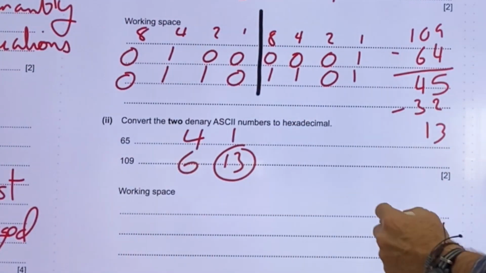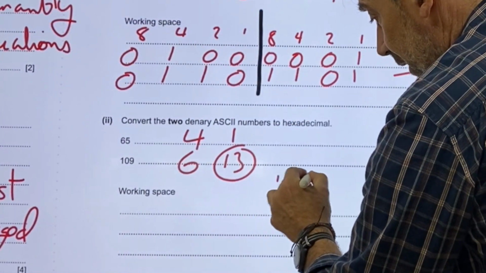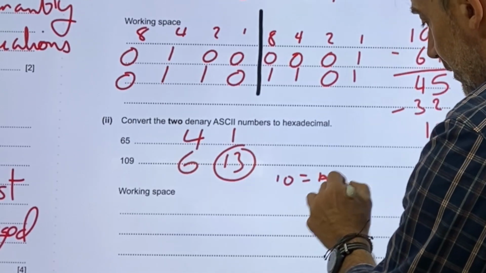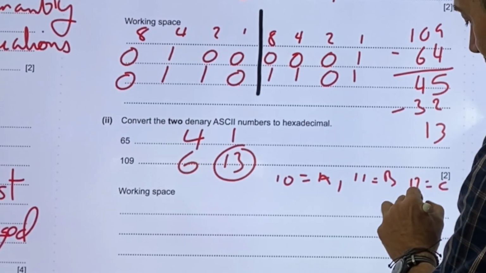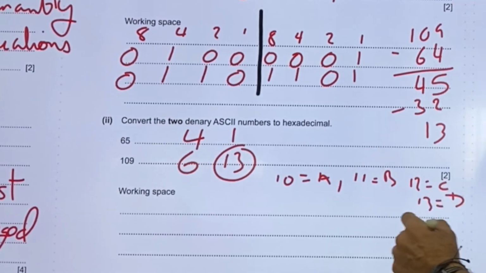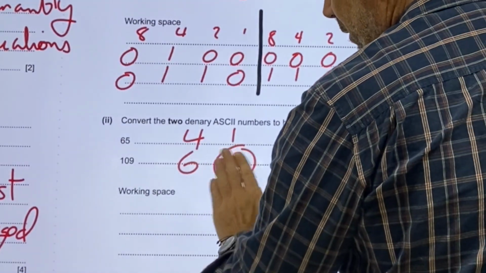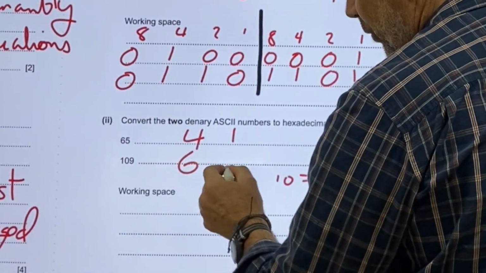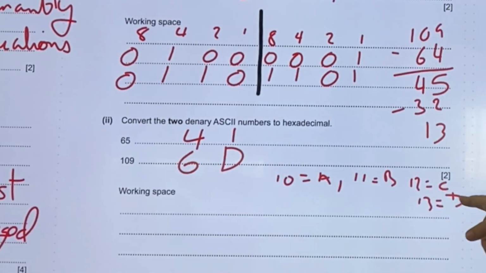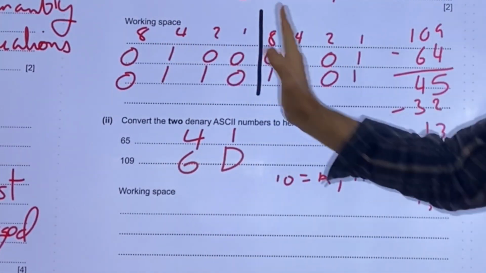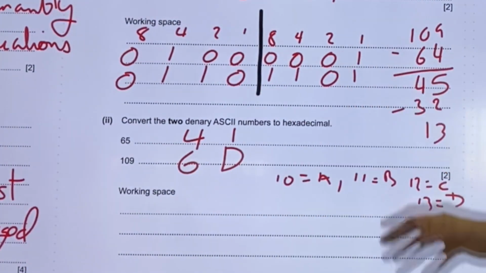So if we think about hexadecimal as being 10 equals A, 11 equals B, 12 equals C, and 13 equals D, then 13 would equal D. 14 would equal E, 15 would equal F. Okay, so 6D. So that's how I would do it. Split it into 2 nibbles. Okay, makes life a lot easier.